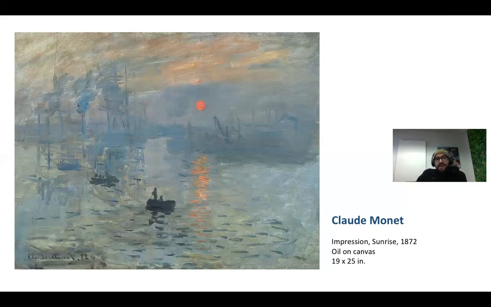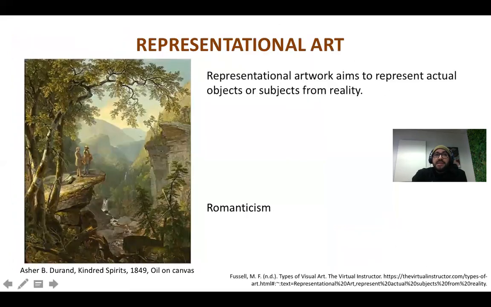The reason this was controversial was because the imagery was so broken up. The brushstrokes were very evident. This is something that hadn't been seen up until this time. People were more used to paintings that were very traditional, very recognizable.